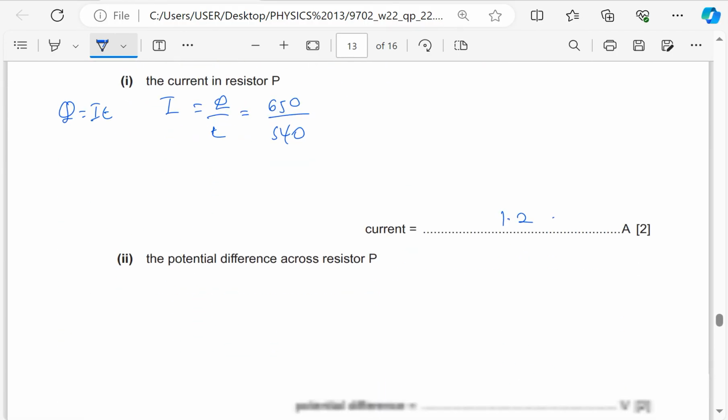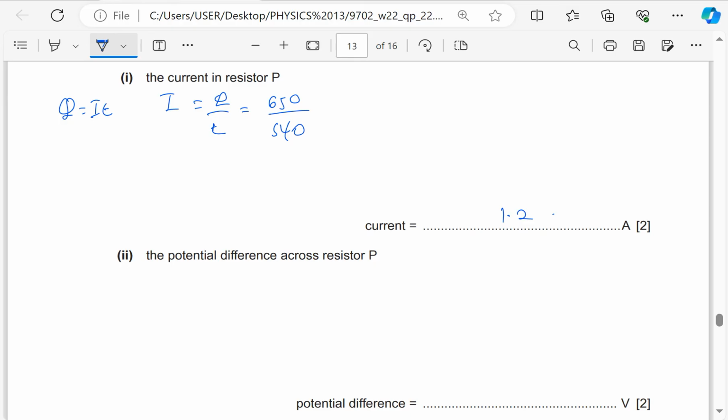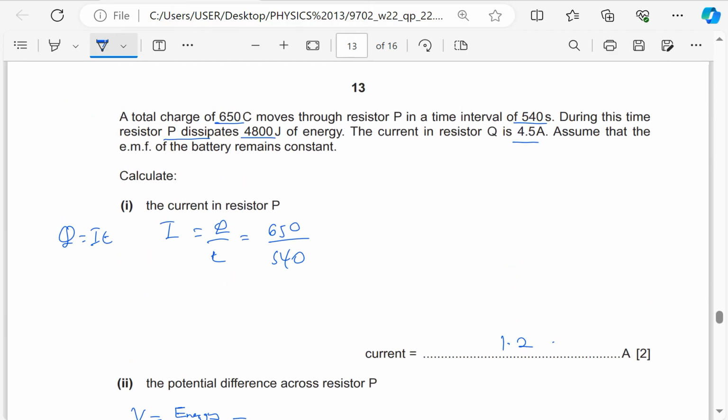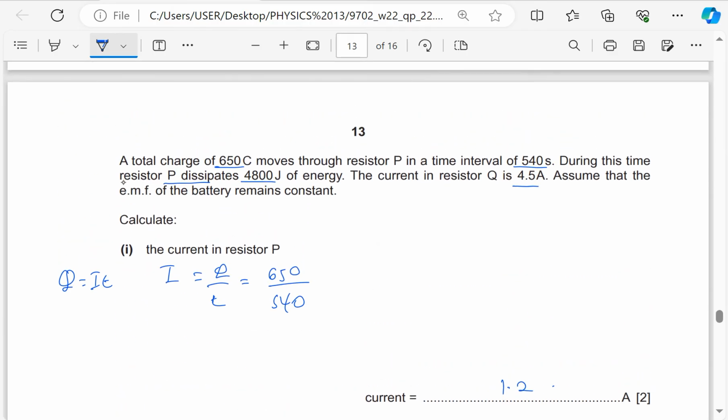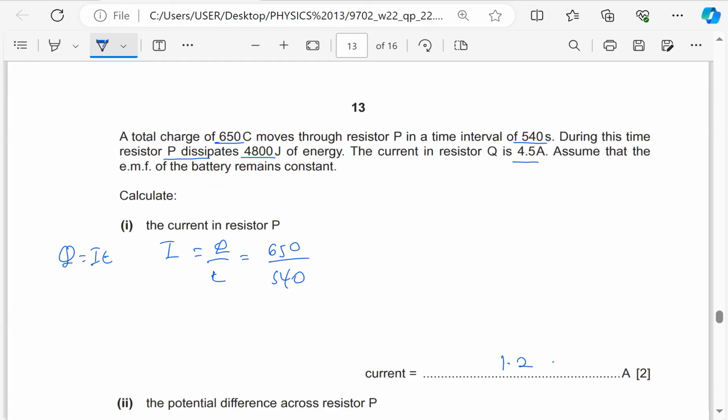So to find the PD across resistor P, remember PD is defined as energy converted from electrical to thermal energy per unit charge. So this is energy per unit charge over Q. During this time, resistor P dissipates 4,800 joules of energy.